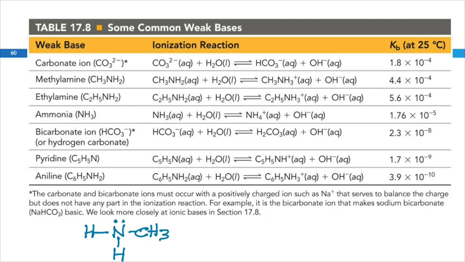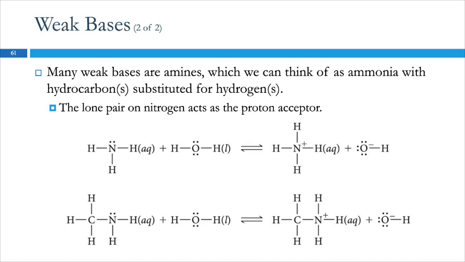But because it's a weak acid, these ions act as weak bases. So they can take a hydrogen ion from water and remake the other ions. So that can remake the ion here, and here it remakes carbonic acid.